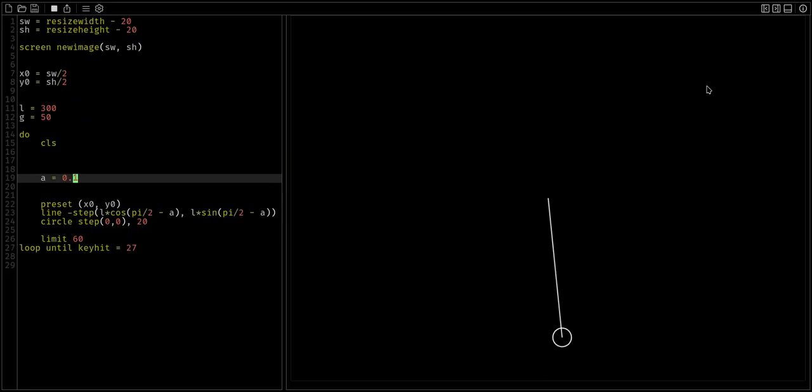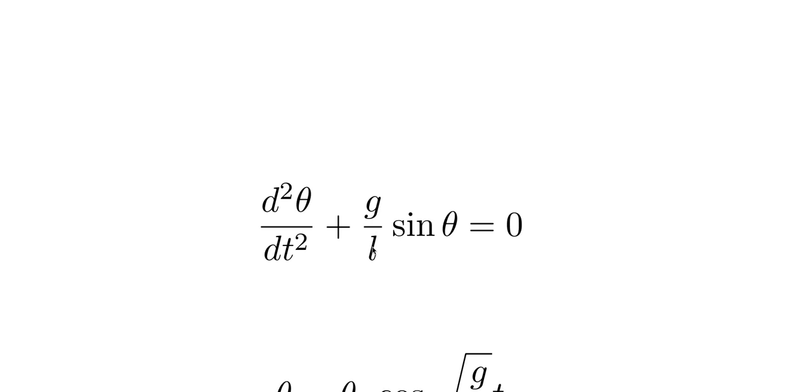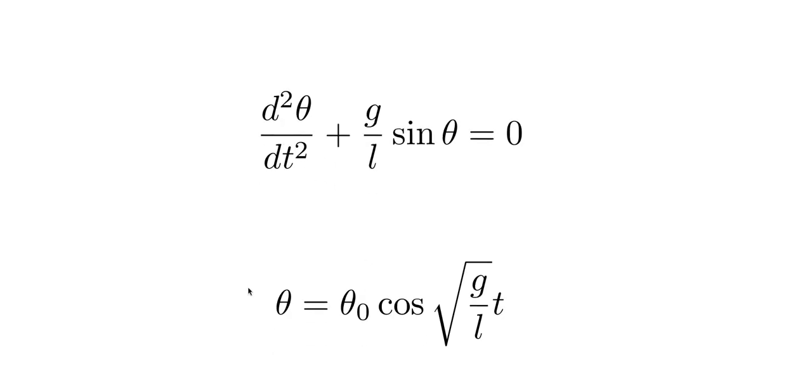Okay. So to solve this fucking differential equation, you might remember that it has a first order approximation solution. That is, when you set sine of theta to theta, you get this fucking solution, which makes sense because theta 0 is your initial condition.